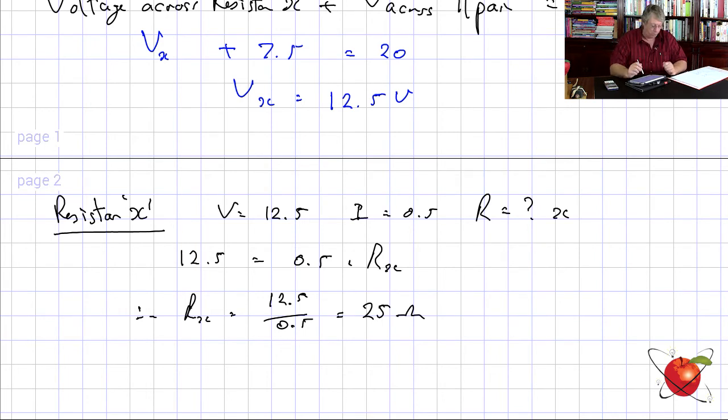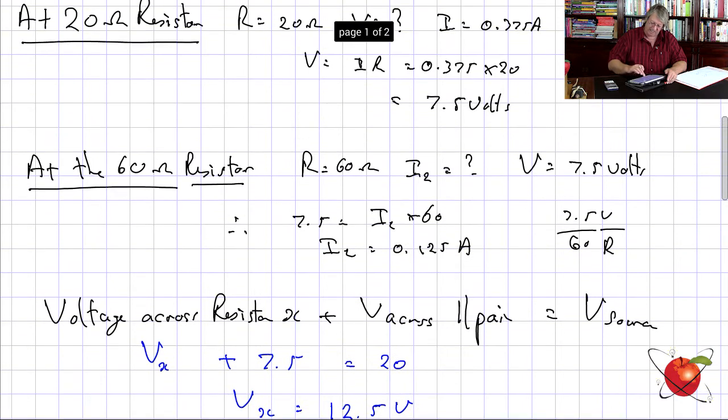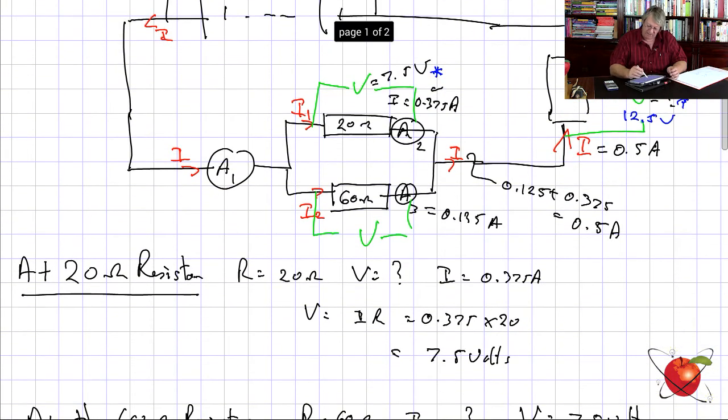Now let's have a look. What is the resistance of the parallel pair? Just for example, what is R effective here?